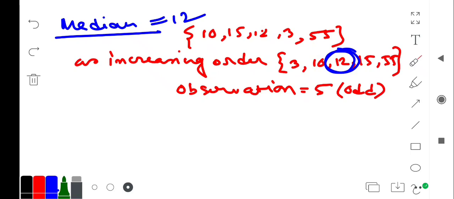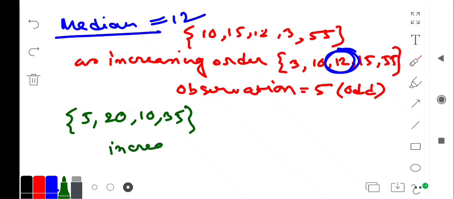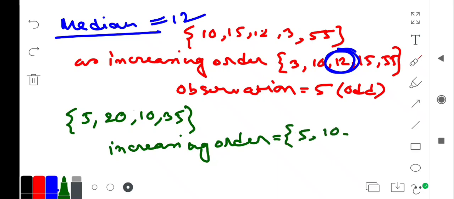Now if there is the even value, suppose 5 20 10 and 35. Again, increasing order we have to arrange. That is equal to 5, 10, 20, 35.